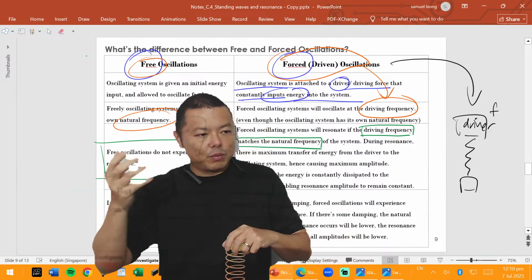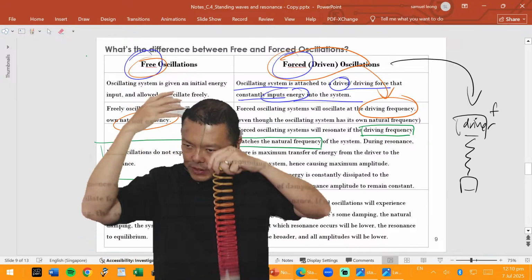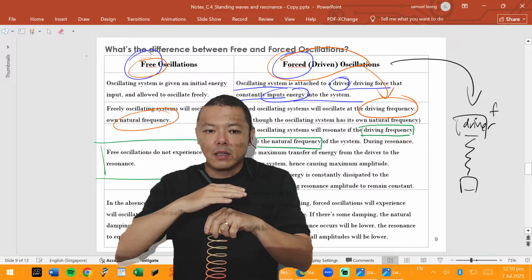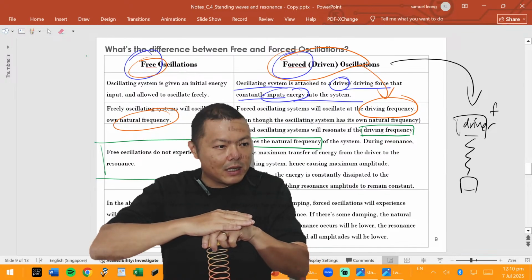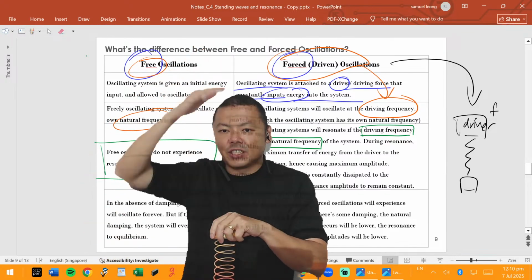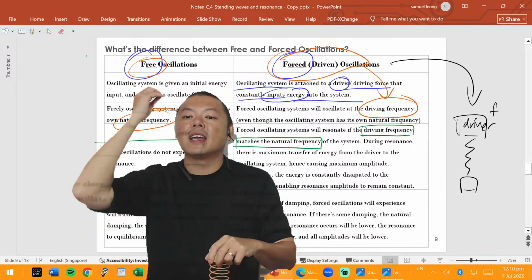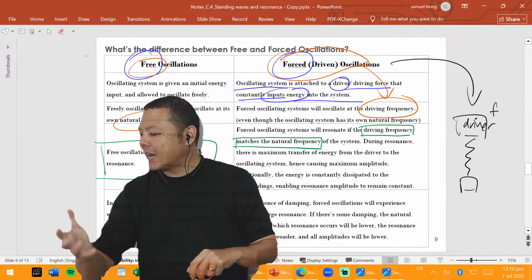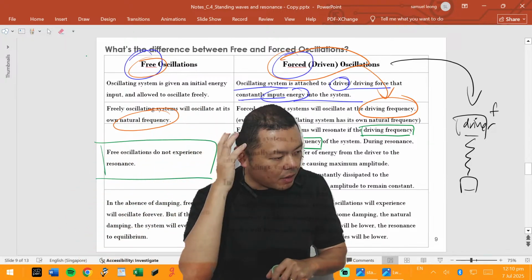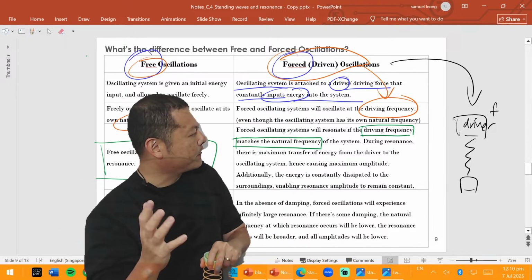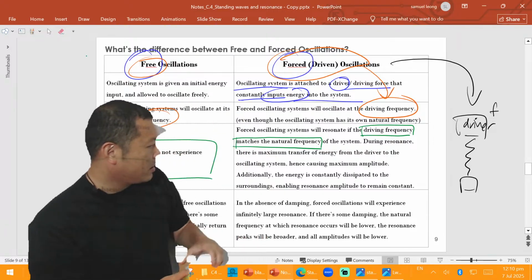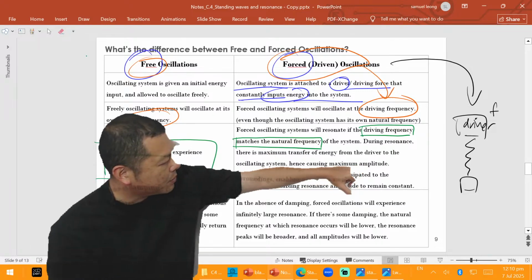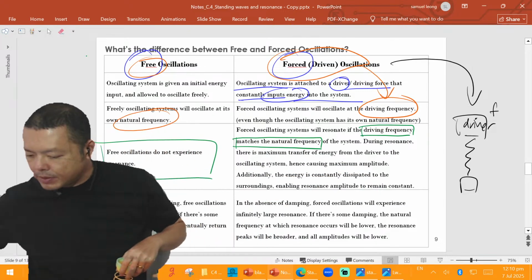But essentially, whether it is standing waves or this one here, what's a key feature of resonance? The amplitude becomes larger. You get a larger amplitude. So resonance means you get the largest amplitude possible. Resonance is when you get the largest amplitude possible. Okay? So down here, you see, resonance is maximum amplitude.